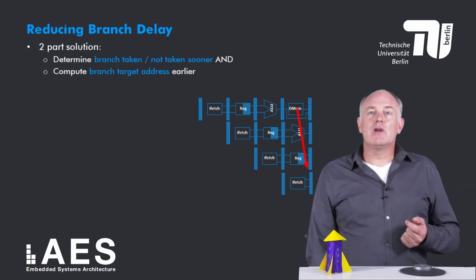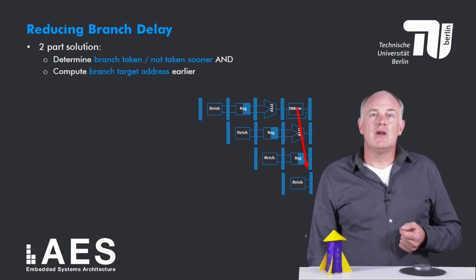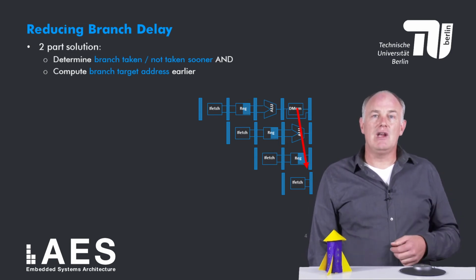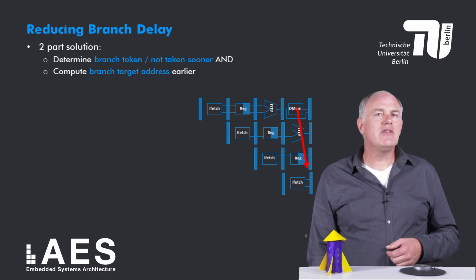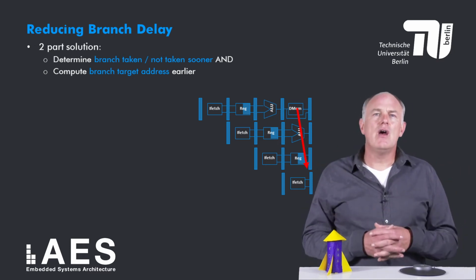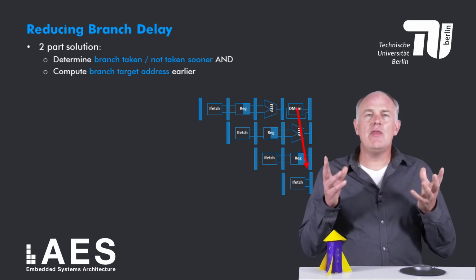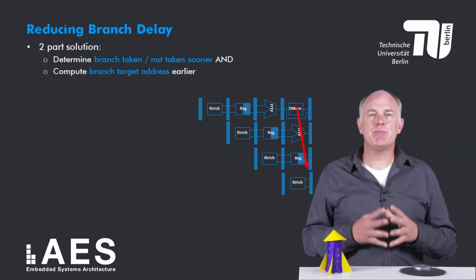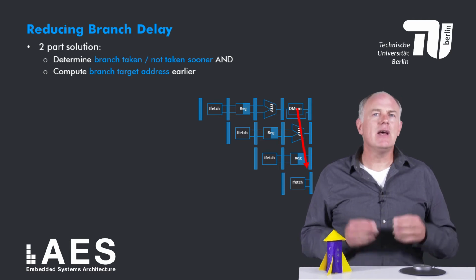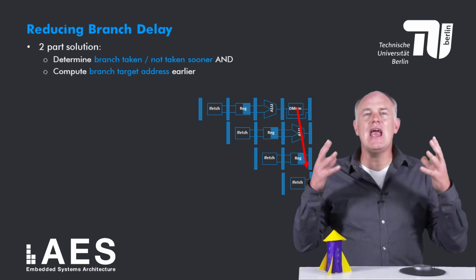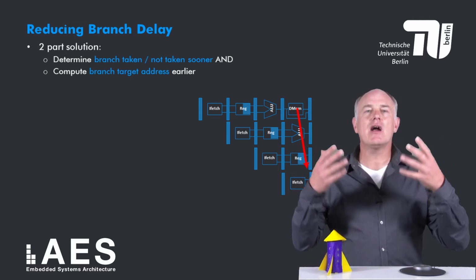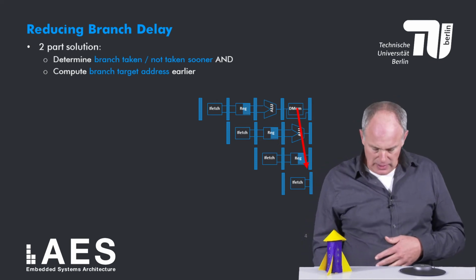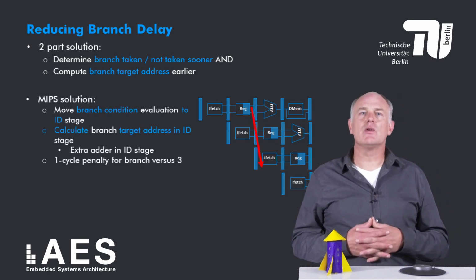Because we cannot afford a 3-cycle penalty on branches, we need to reduce the branch delay. Reducing the branch delay involves 2 things. First, we need to determine whether a branch is taken or not earlier in the pipeline, as soon as possible. Second, we also need to compute the address to jump to, the target address, earlier. In MIPS, this is done as follows.